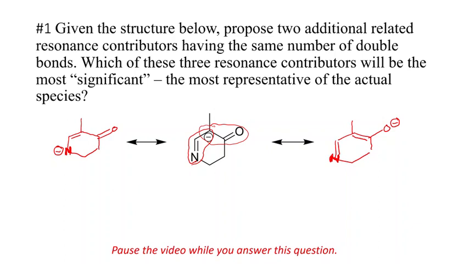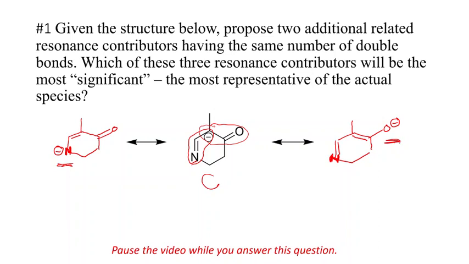And the question now is, which one of these is the most significant? All right, well, the main difference among these is where's the minus charge. The one on the left, we have the minus charge on nitrogen. The one in the middle, it's on carbon. And on the right, it's on oxygen.